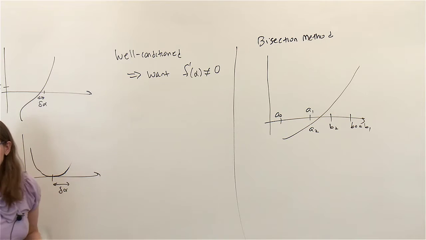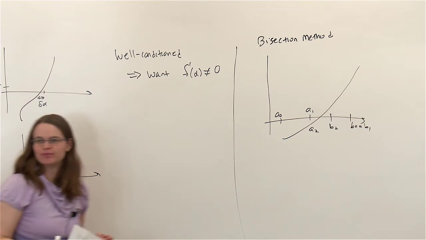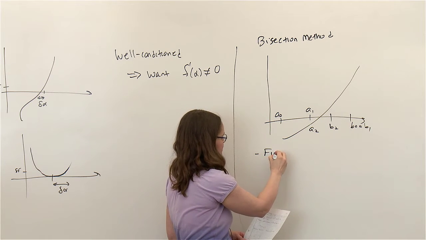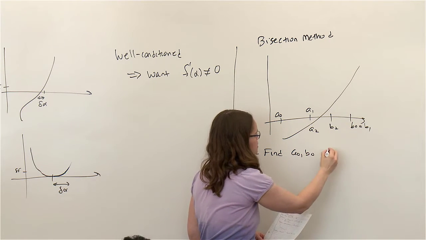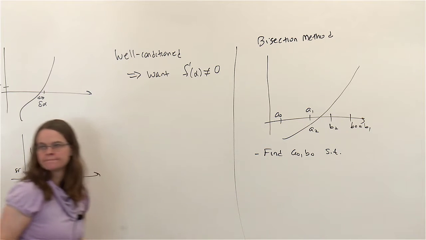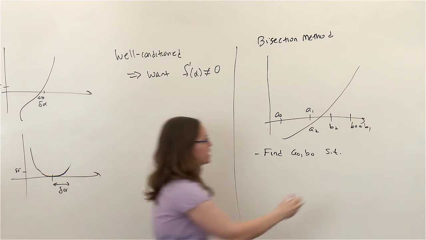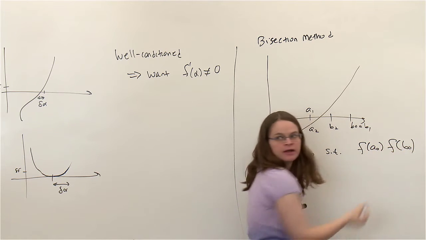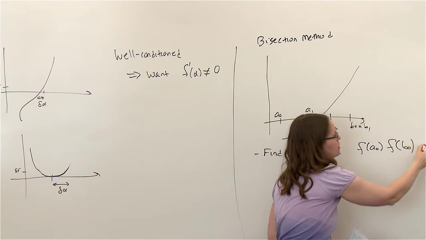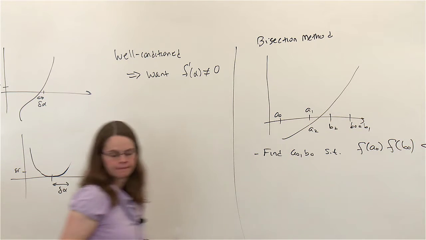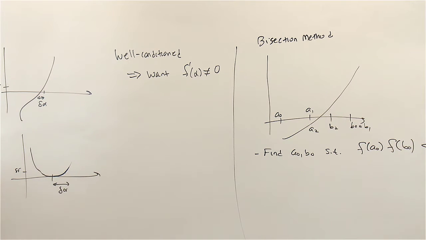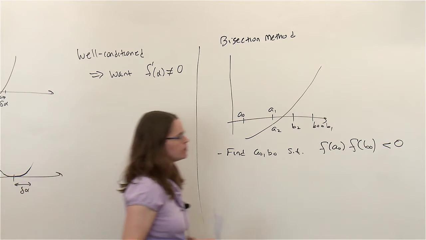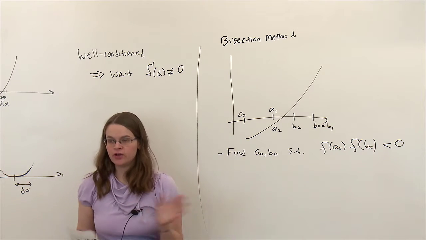If you want to actually tell a computer to do this, you usually need more than a picture. So we start by finding a naught and b naught such that f changes sign. An easy way to check if f changes sign is to multiply these two values together. If one's positive and one's negative, then this result should be negative. And automatically we have a bound on the error.